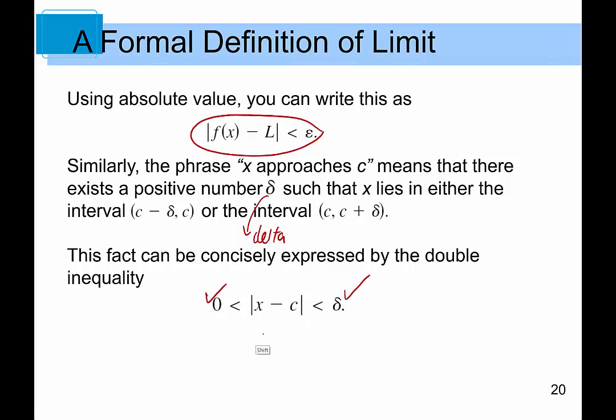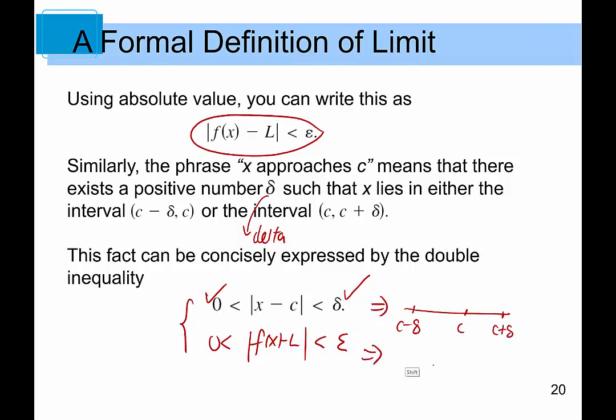Then absolute value of f of x minus L is going to be less than epsilon. It goes hand in hand. Meaning x approaches c, this is c, that's c minus delta, c plus delta. That's for the x value.